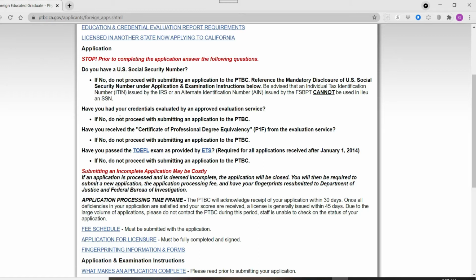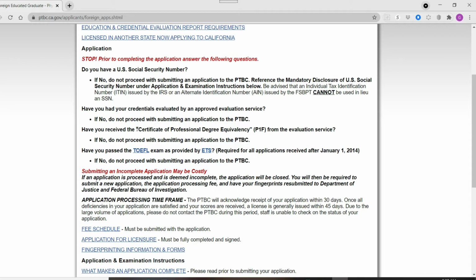But when you apply to FCCPT, indicate there that you want them to submit the credentialing report to the state of California. But you have to finish the FCCPT first. So it's a totally different ball game in California. You have to finish the FCCPT first before you apply to the state of California. Have you received the certificate of professional degree equivalency from the evaluation service?